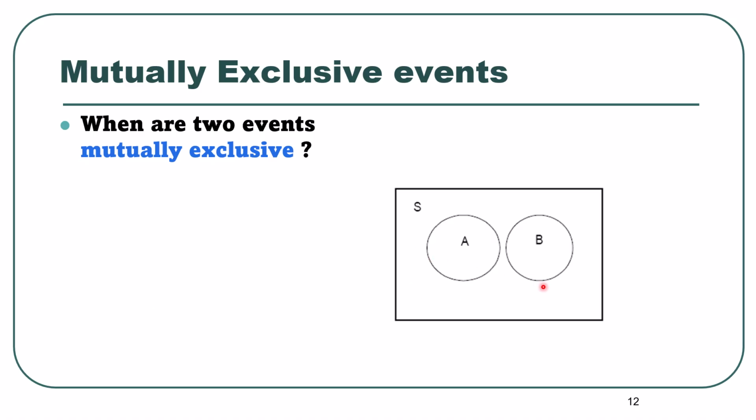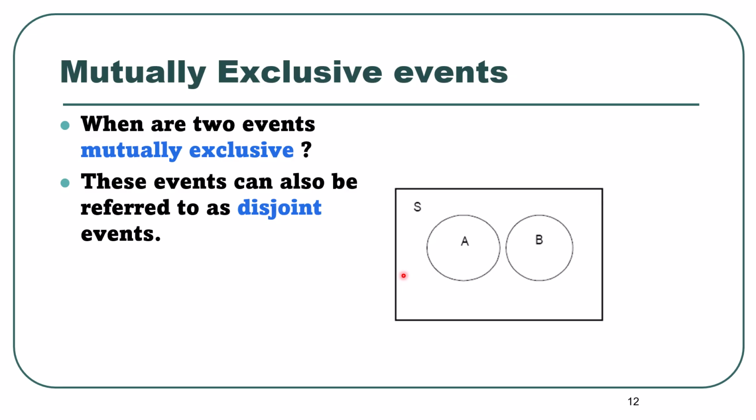Now on the Venn diagram, this is again our S, and A and B, if they are not intersected at all, so this is event A and this is event B, they don't have any common area between them, they are not intersecting at all. This means these are mutually exclusive. Again, mutually exclusive events sometimes are called disjoint events.